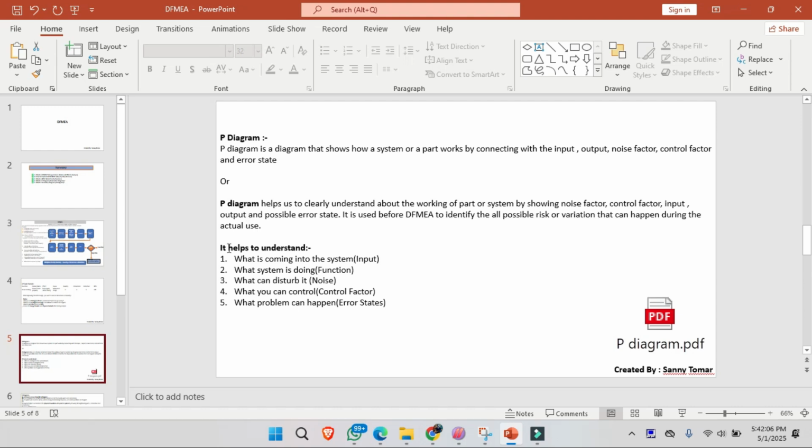The P diagram helps to understand what is coming into the system, which is called the input, the function the system is doing, what can disturb it, what you can control, and what problem can happen. Why is it important? It helps to set the context for DFMEA by understanding all possible variables and interactions.